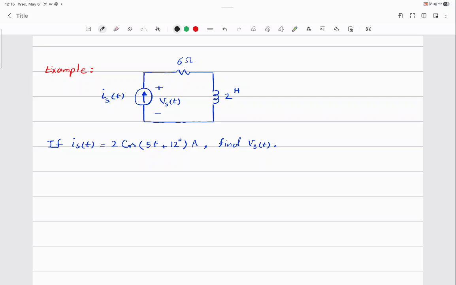Is is given to you for this circuit, and it is asking you to find Vs. Now, this is my question. Have you seen something similar to this circuit before from the previous lecture? How did we solve it? I don't mean in terms of circuit techniques.